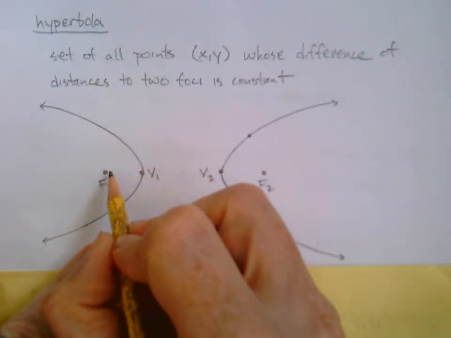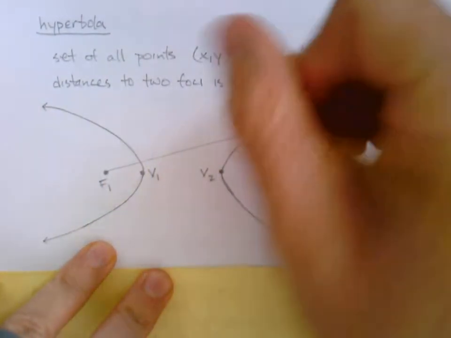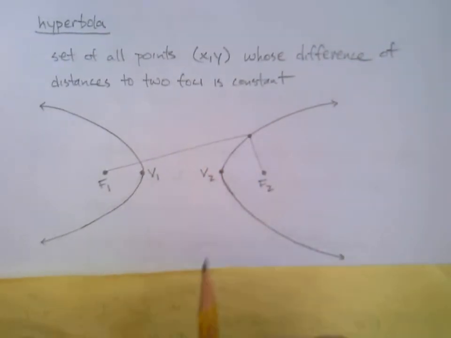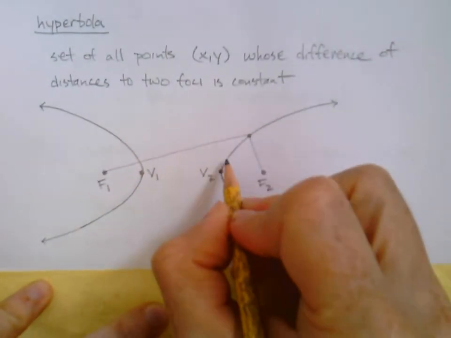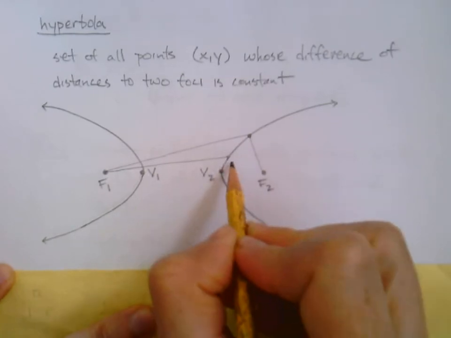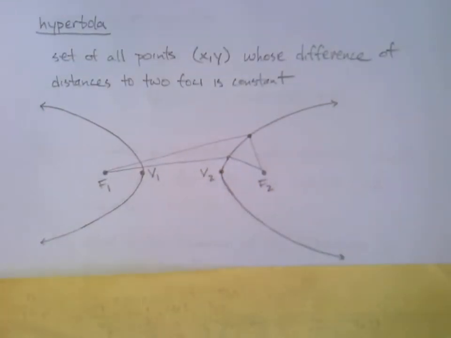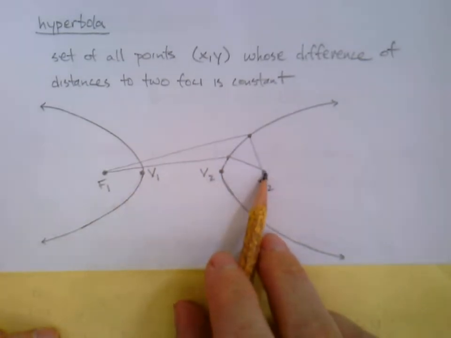So if we take the distance from the first focus and the distance to the second focus and subtract, then that difference is always going to be the same no matter where we pick. So if we were to pick something in here closer, then those distances will always be constant, even across the middle.